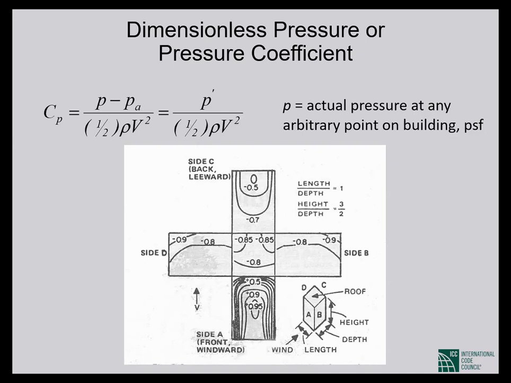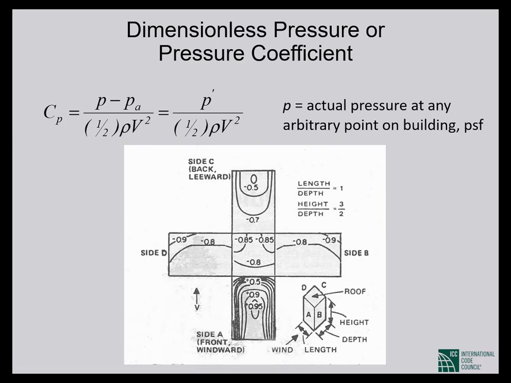Now, complicated as this wind design is and sophisticated as it looks, in design we do not consider this point-by-point variation. For the entire windward face, we take an external pressure coefficient of plus 0.8. For the side faces, we take an external pressure coefficient of negative 0.7, constant.